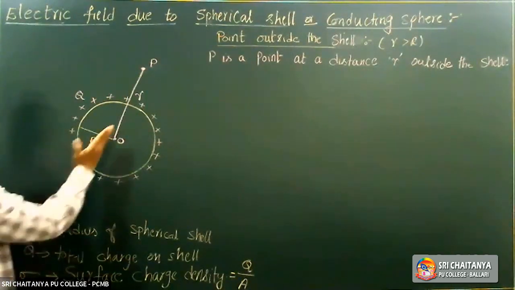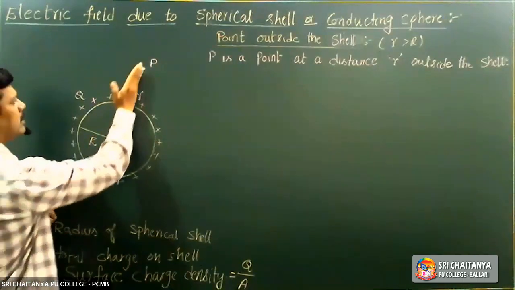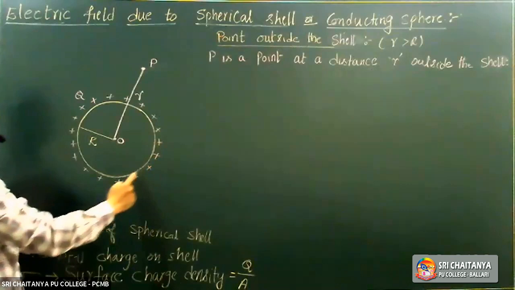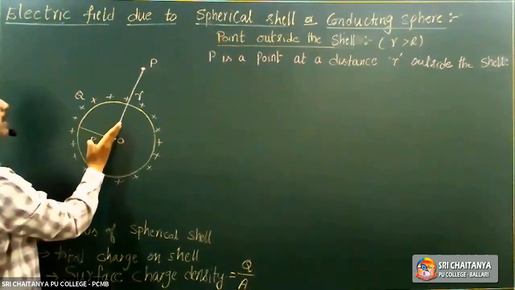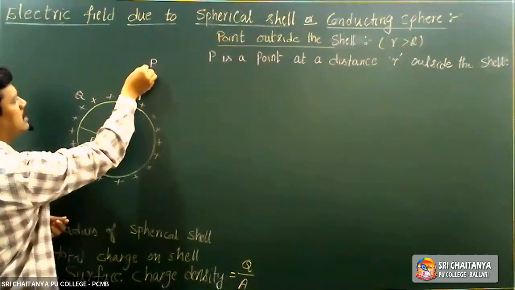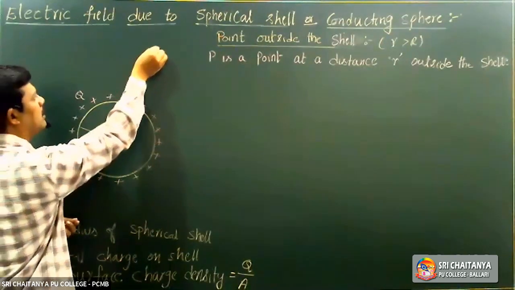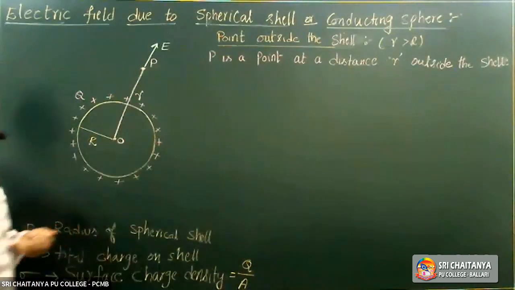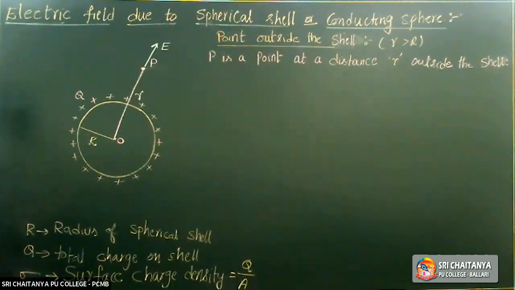We know field direction is radially outward, because here we took positive charge. For positive charge, it is radially outward. So here the field direction is like this. First step completed, field is taken.